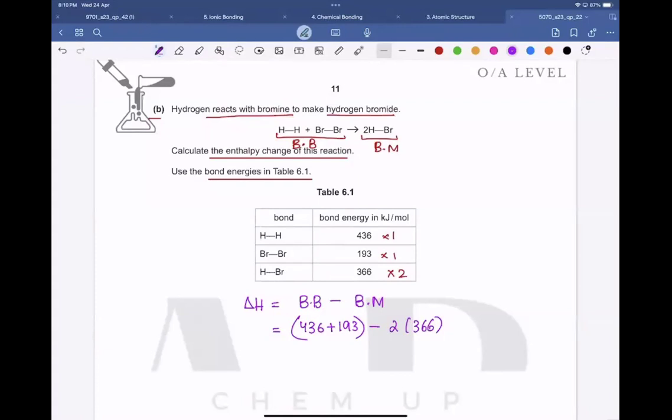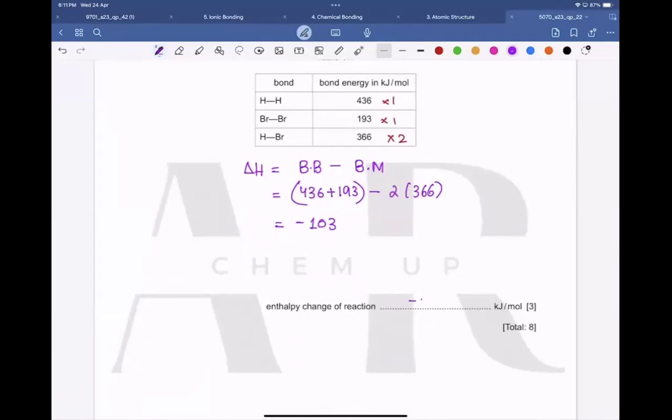Yes, Rahim, it's minus 103, not 103. Very good, Zainab, Ahmed, Mustafa. You have to keep in mind, if you are getting a negative answer, you will put minus 103. And we are going to mention it over here: minus 103 kilojoules per mole.